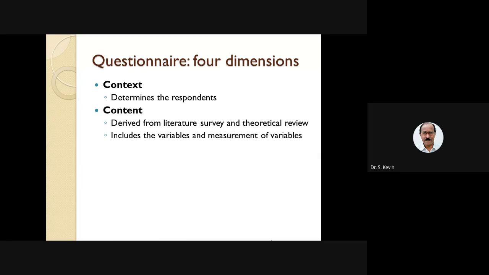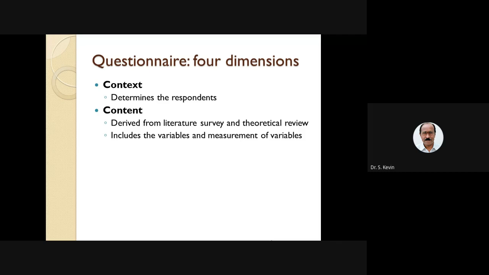Secondly is the content of the questionnaire. In the questionnaire, there are a number of questions, and these questions deal with the variables of the study. We are studying some aspect. So what are the variables that we are studying? These questions are related to the variables of the study. The contents of the questionnaire will come from your literature survey and your theory.